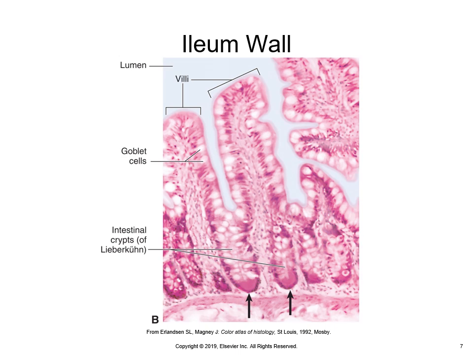So some of the key features here of the ileum wall, we see the villi right here. These are the finger-like projections that we talked about earlier that are going to increase the surface area for more efficient nutrient absorption. And each villus contains capillaries, and we need that for absorbing sugars.